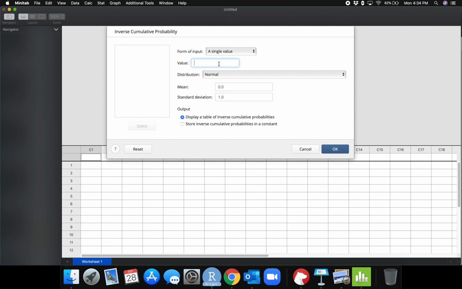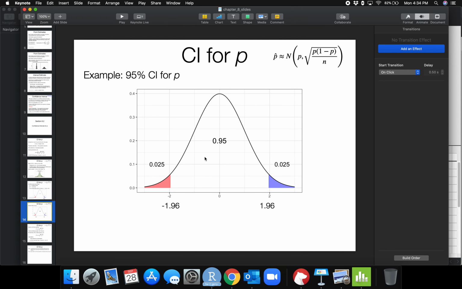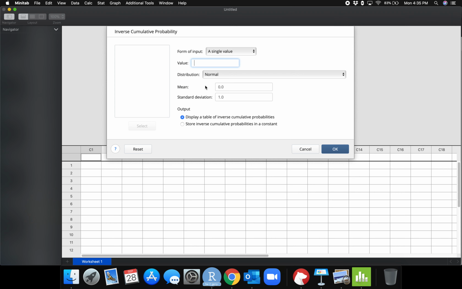Okay, so for us, if we go back to our slide here, 95% is in the middle, and I have that 0.025 lies to the right. That means that 0.975 must lie to the left because it all has to add up to 1. Okay, so the 95% plus this 0.025 would give me 0.975. So that's what I'm going to put in here, 0.975.